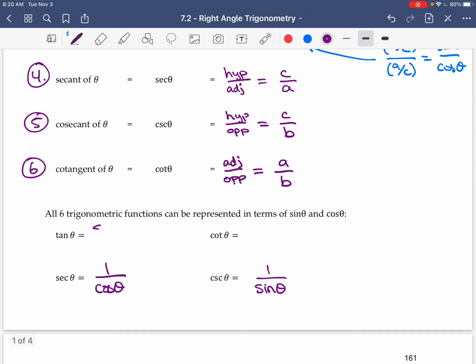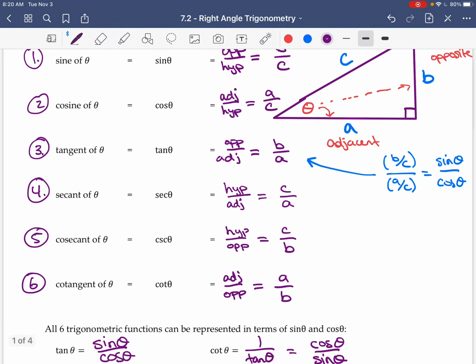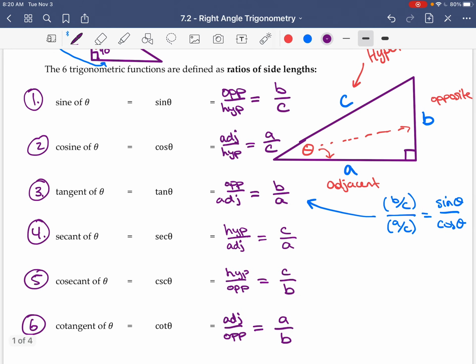So tan theta is sine theta divided by cos theta. And then cotangent is 1 over tan theta because it's the flip of tan, which is cos theta over sine theta, in terms of sine and cos. So those are the 6 trig functions.